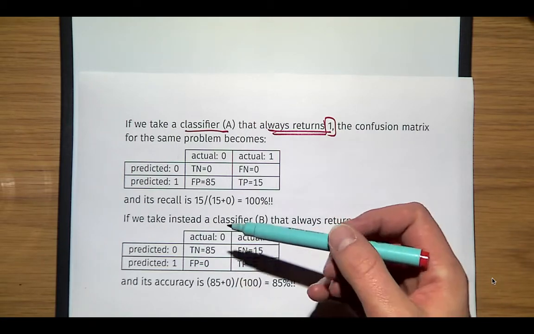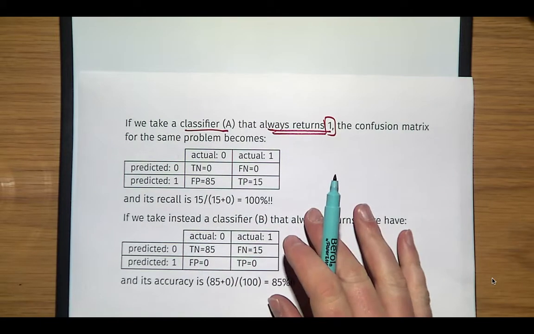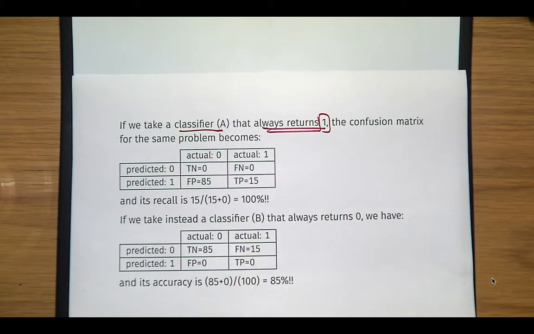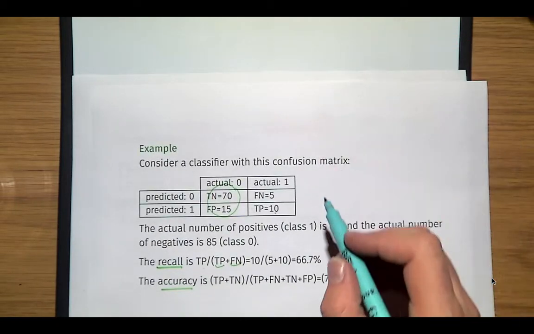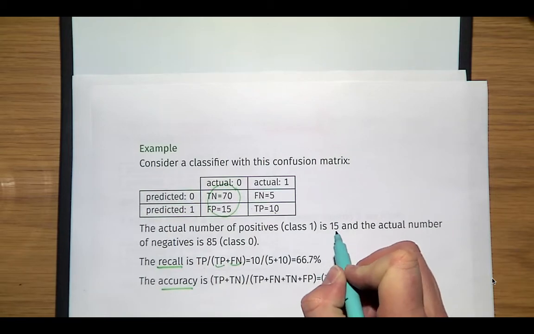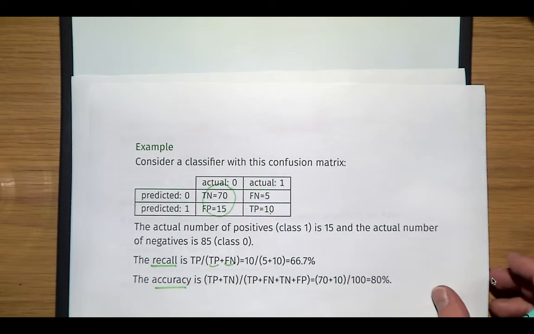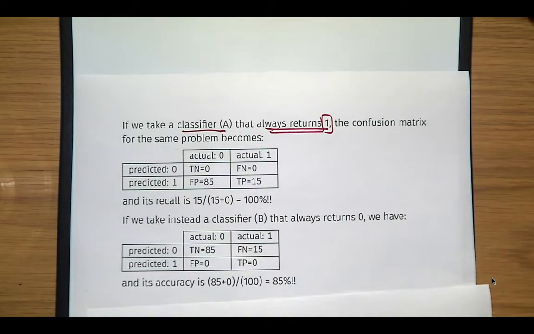So we know that the actual number of 1s, if you come back here, the number of 1s we have in the data set is 15, and the number of negatives is 85. So we have more negatives than positives.